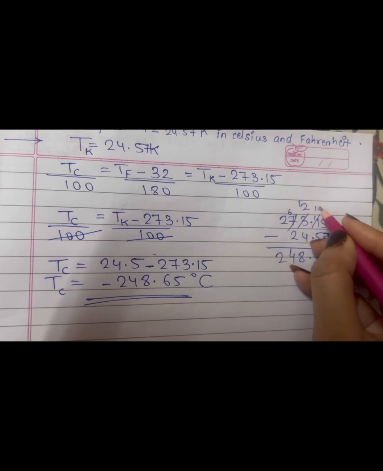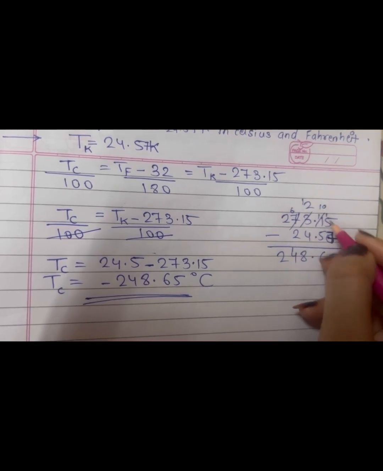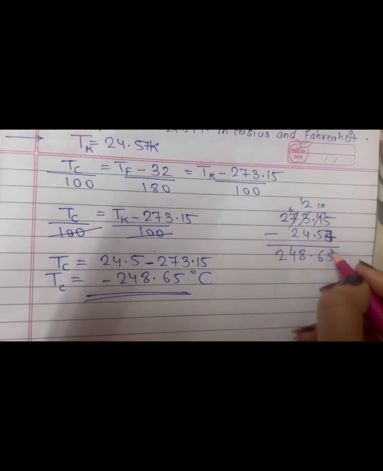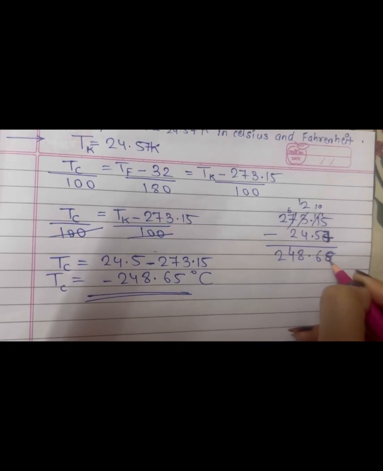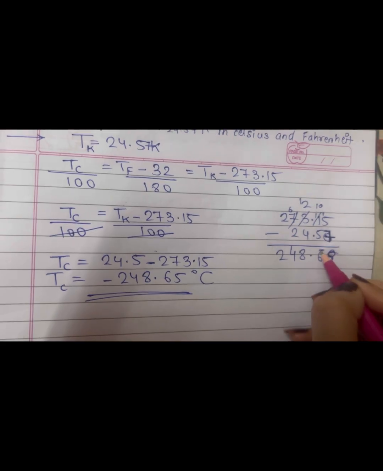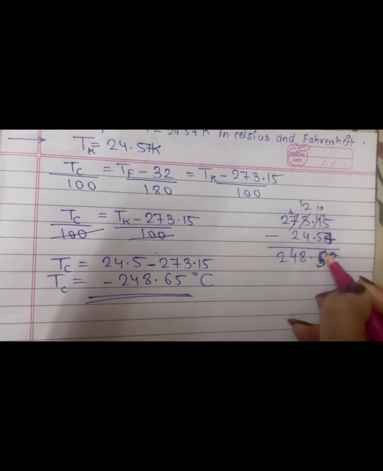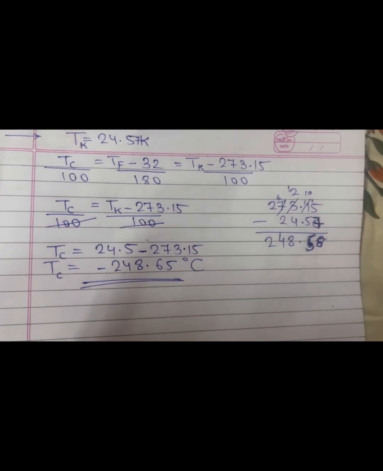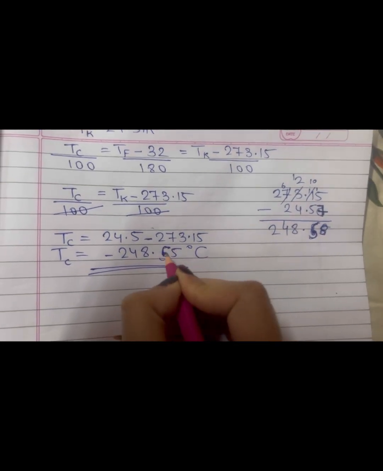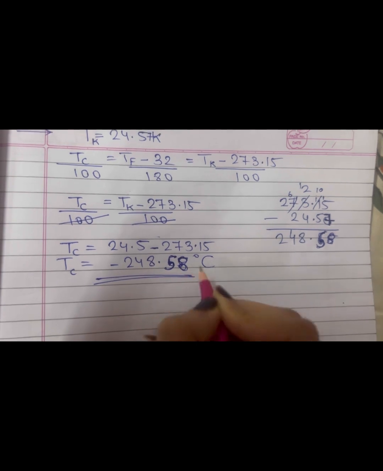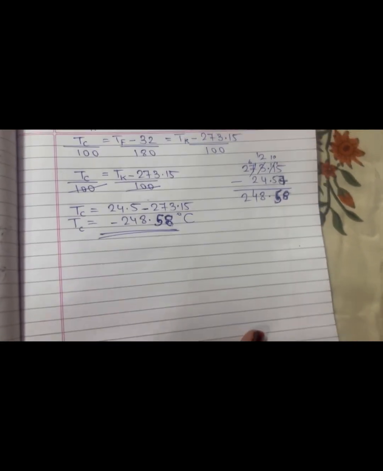This will become 10 and this becomes 15. 15 minus 7 gives me 8 over here, and 10 minus 5 gives me 5 over here. That's it. Rest all will remain the same. So the answer is 248.58. And now it is perfect and it is same as your textbook.